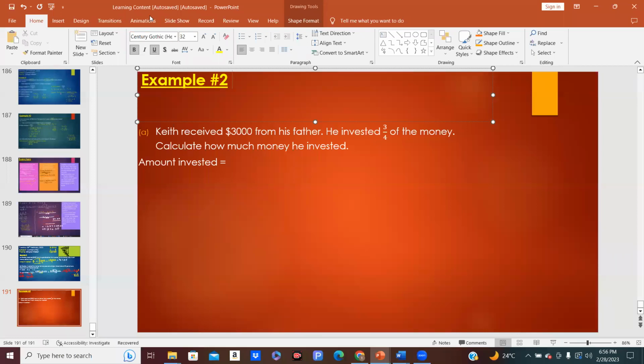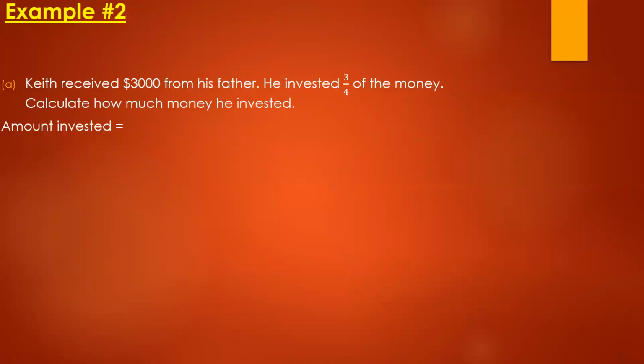So of the 3,000, so it's 3 over 4 multiplied by 3,000, all over 1. Very good.